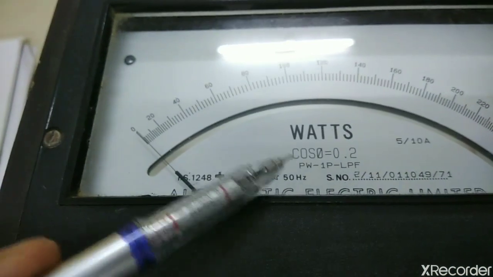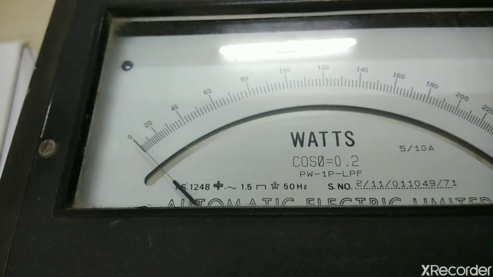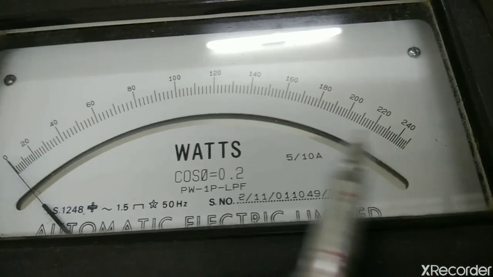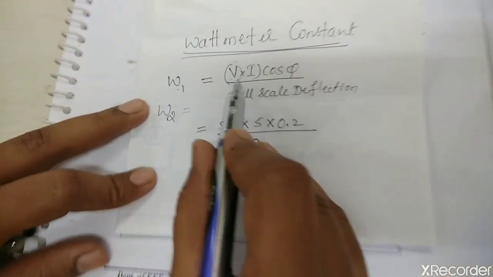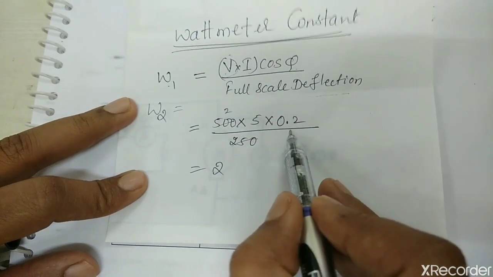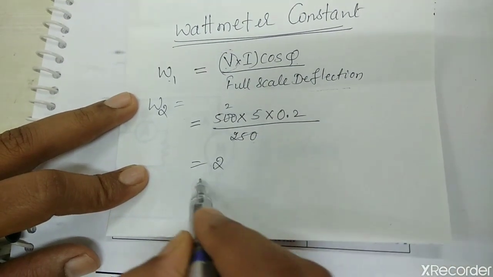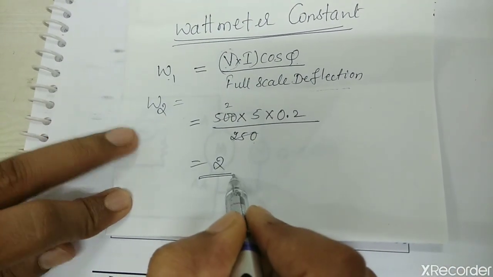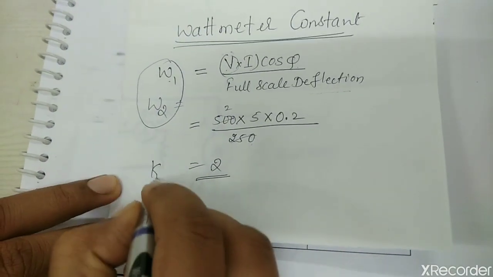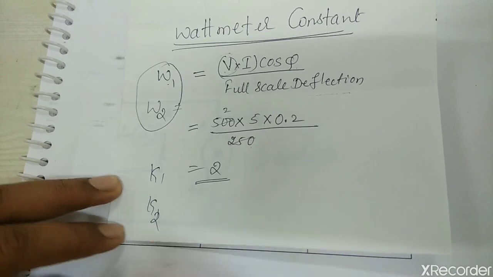Then cos phi of this wattmeter is 0.2, and full scale deflection is 250. We are supposed to mention all these readings. So V scale is 500, I scale is 5 ampere, and cos phi is 0.2, divided by full scale deflection 250. When you calculate this, it will be 2. Therefore the wattmeter constant for W1 and W2 is the same.